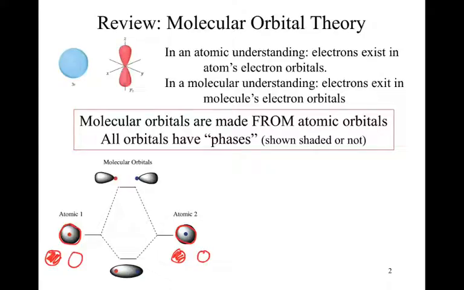So we have a possibility that we match shaded to shaded, or for that matter, unshaded to unshaded. Both of those interactions are going to be a favorable interaction. So we are now overlapping and allowing the electrons to jump back and forth.